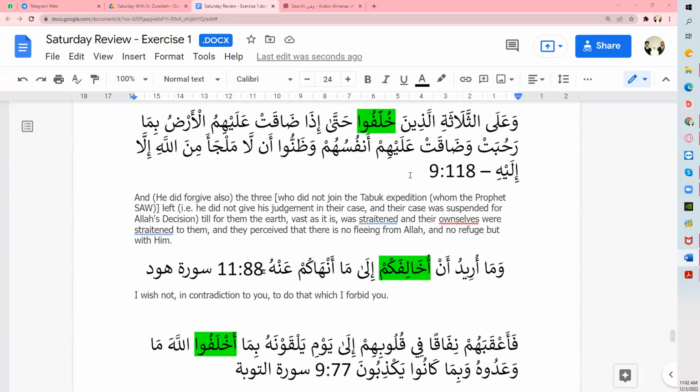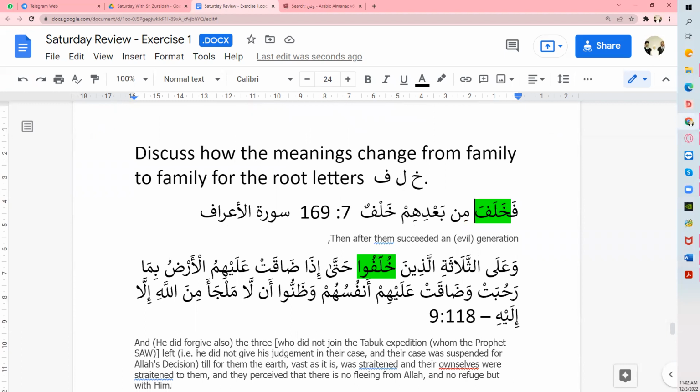What do you think khalafa means? Khalifah. So khalafa here means to be the successor, the one who inherited the earth. We will put khalifs on this earth.